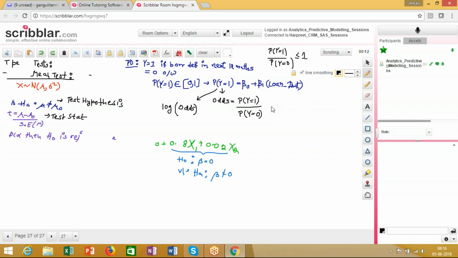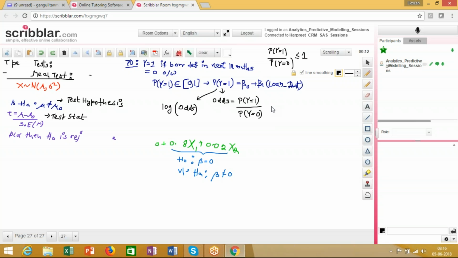Clear? So whenever this ratio is less than 1, the log of this value is always negative. The log of a fraction is always negative, and the log of a value greater than 1 is positive. So therefore, what we have over here is the log of odds.